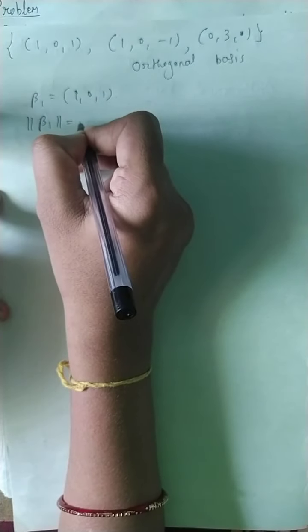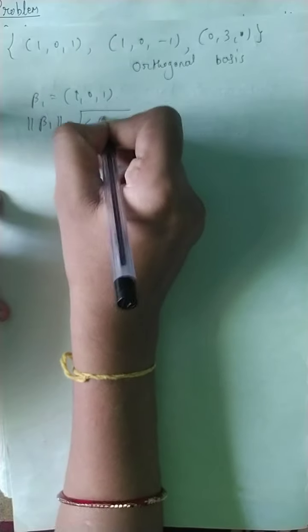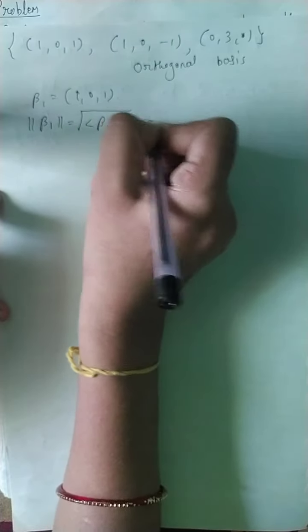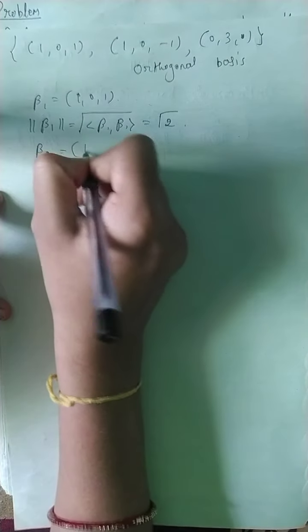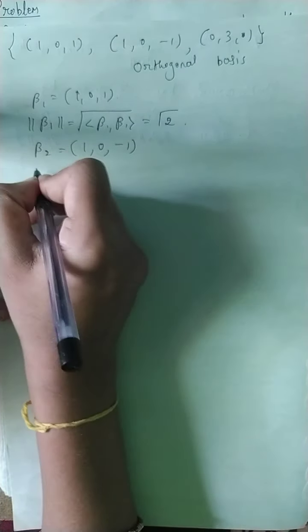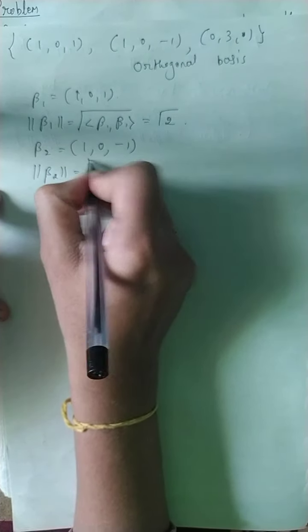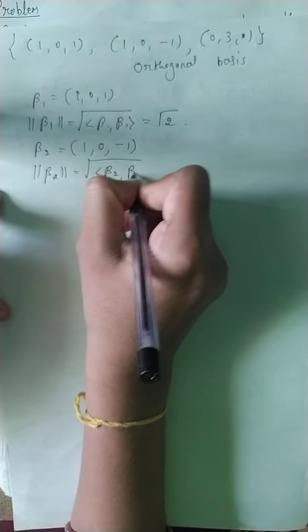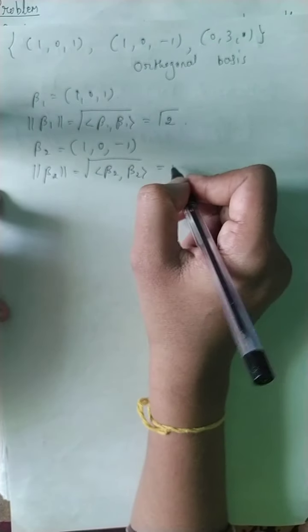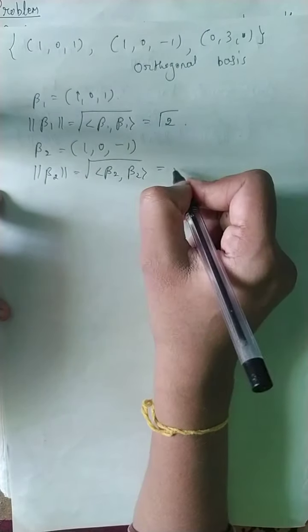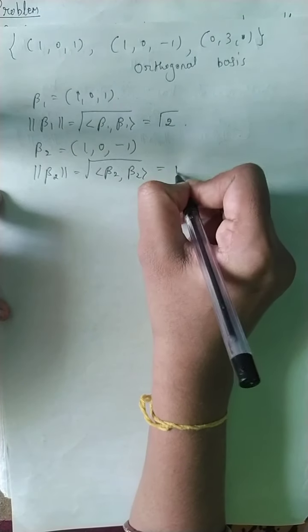Now we have to find the orthonormal basis. First, beta 1 is 1 0 1. The norm of beta 1 is the square root of the inner product of beta 1 comma beta 1, which is the square root of 2. In the same way, beta 2 is 1 0 minus 1, and its norm is the square root of the inner product of beta 2 comma beta 2, which is also root 2.